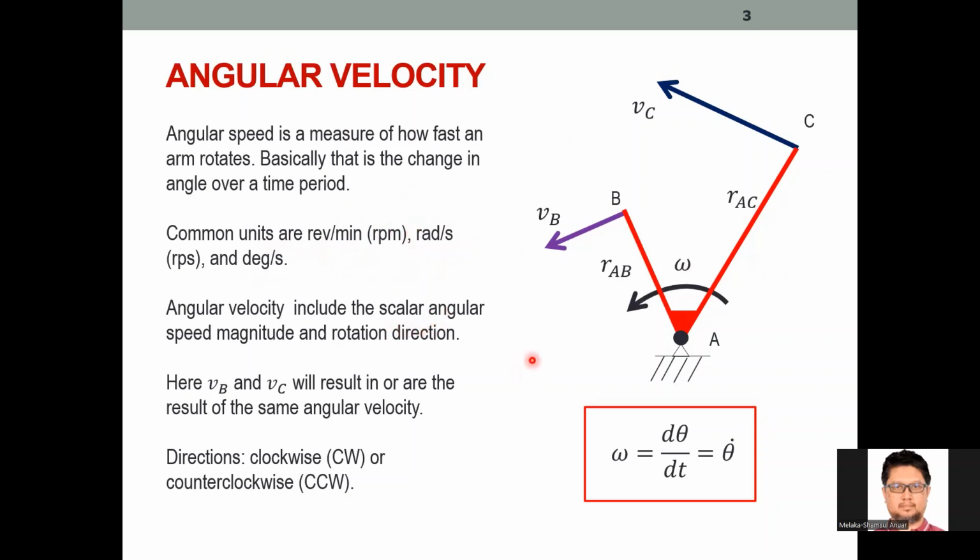When we talk about rotation, we always need to know that there are two directions, either clockwise or counterclockwise, or sometimes anti-clockwise. The short forms are CW for clockwise and CCW for counterclockwise.